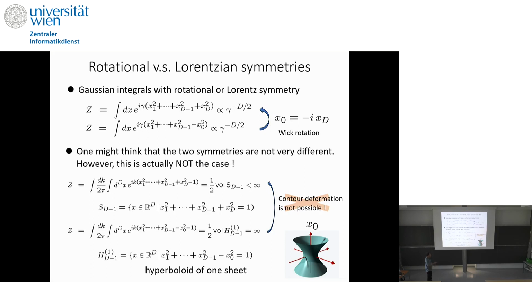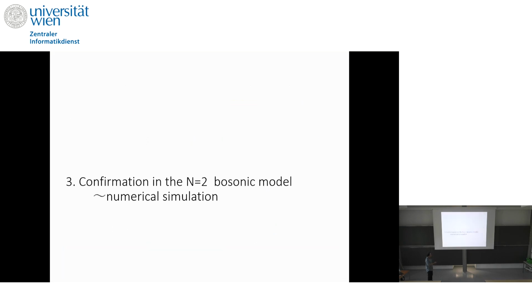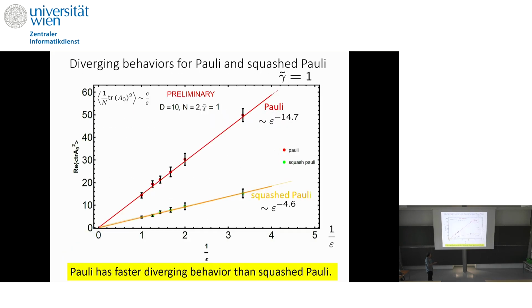And that is the reason why, if you look at just the temporal direction, like trace A0 squared, that corresponds to looking at x0, you get divergent behavior. But if you just look at the Lorentz invariant quantities, like in this case, x mu squared, instead of just x0 squared, then you get something finite. So that's what is going on in these simulations.